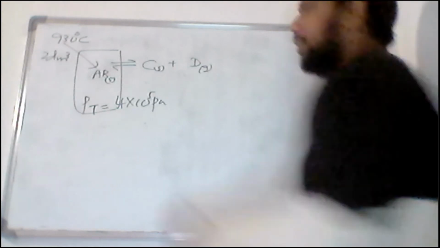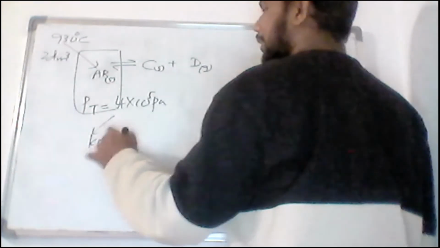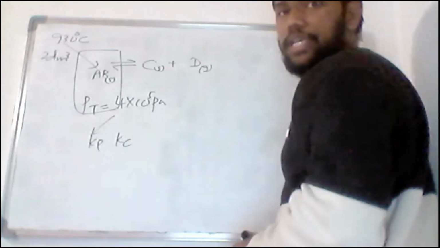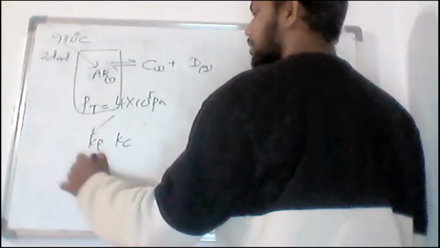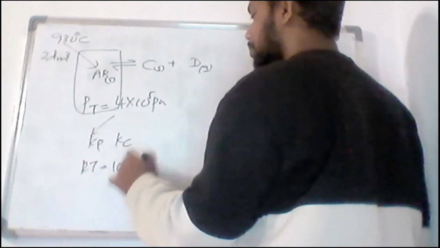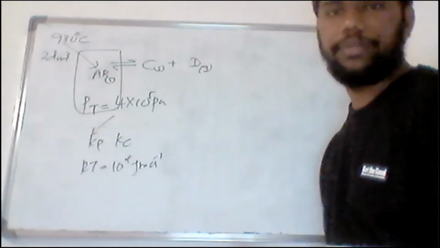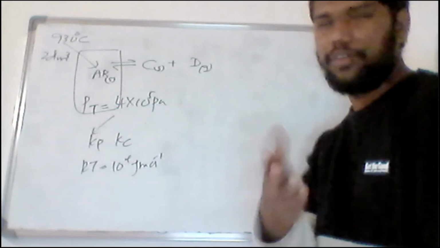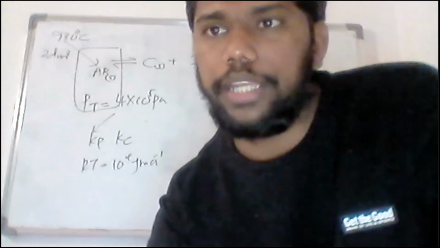And they have told us to calculate Kp and Kc and take RT at this temperature as 10 to the power 4 joule per mole. So RT at this temperature, they have calculated the rough value and given it. So we need to find Kp and Kc.